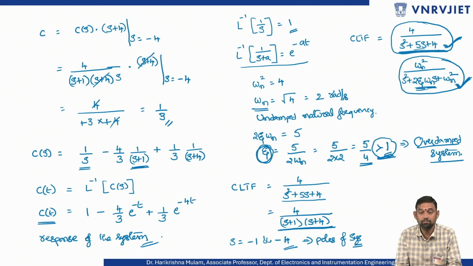We have already discussed in previous classes that if the poles of a second order system are real and distinct, not the same, with minus 1 one pole and minus 4 another pole, then the system is called an overdamped second order system. So this is what I wanted to discuss in this lecture.